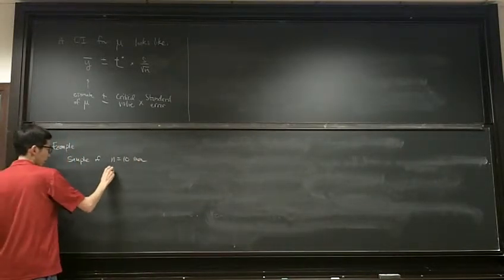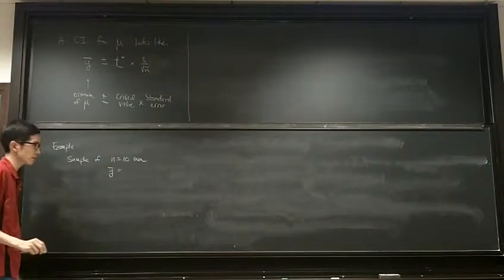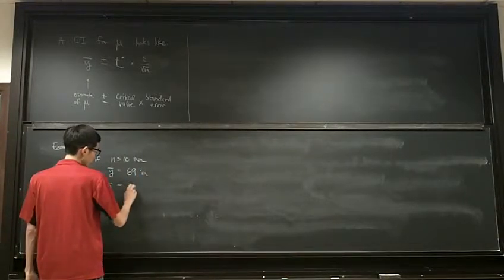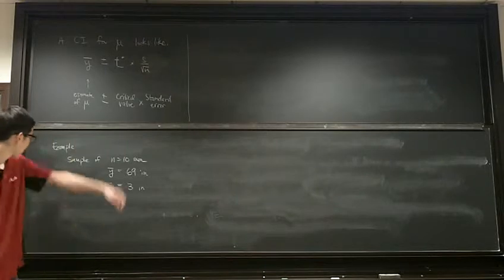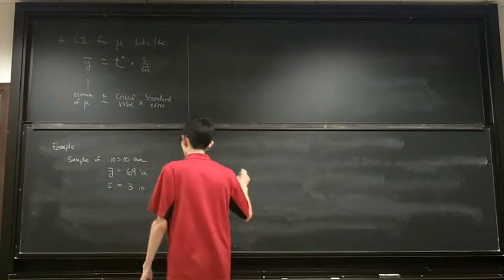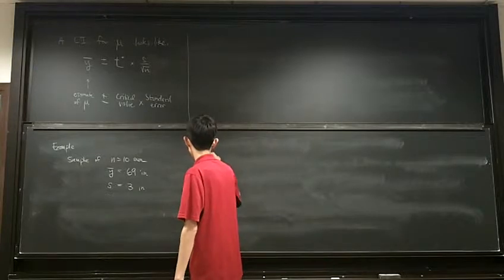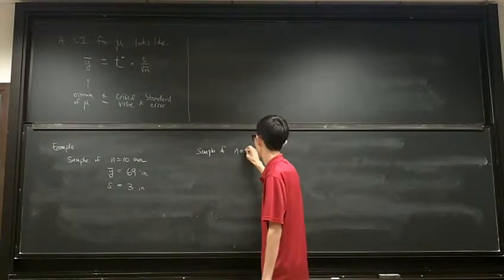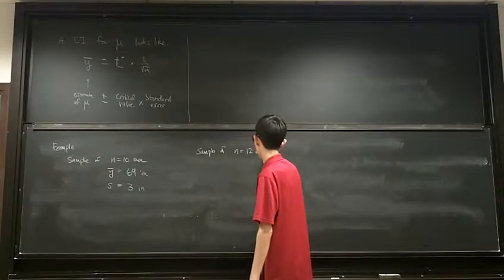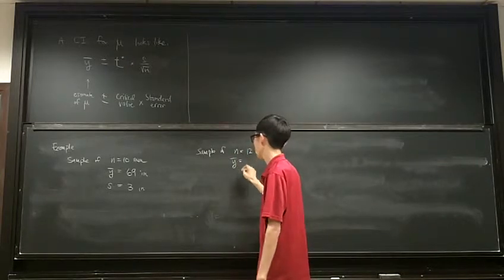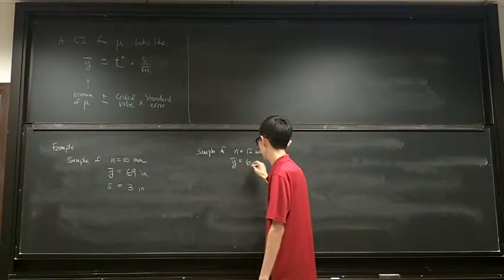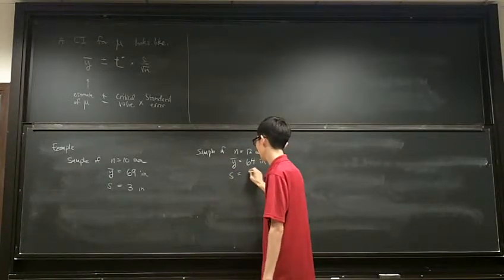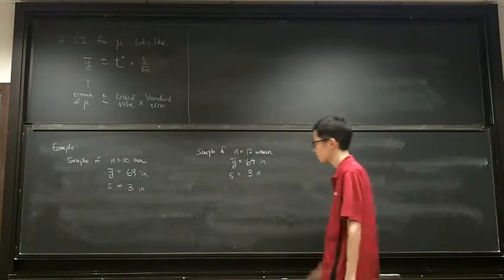And let's say the average height of these 10 men is 69 inches, and the standard deviation is 3 inches. And then we take a sample of 12 women. The average height here is 64 inches, and the standard deviation is 3 inches.